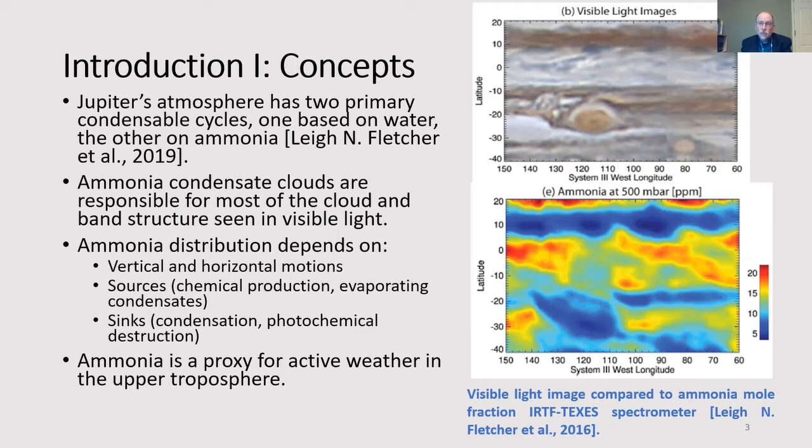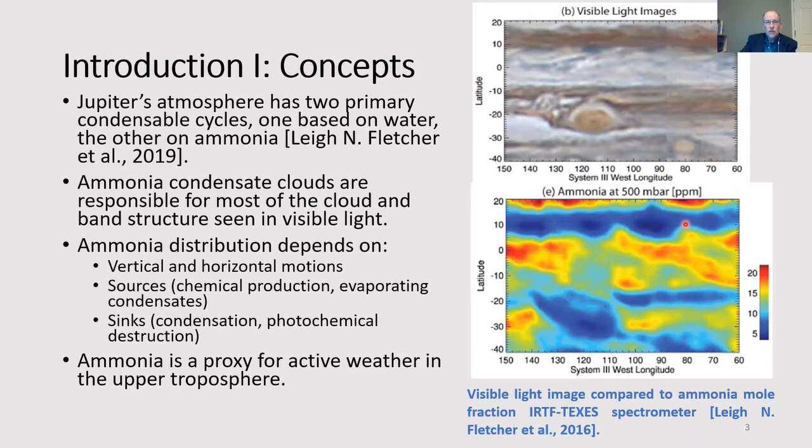So you can see a lot of depletion, that low blue color in the ammonia, right here near the north equatorial belt, and then you've got some enhancement below that in the equatorial zone. The red spot, you've also got kind of this hollow around where there's a depletion in ammonia. So you can see some general correlation, but it's not precise.